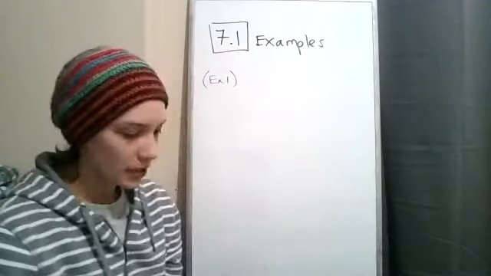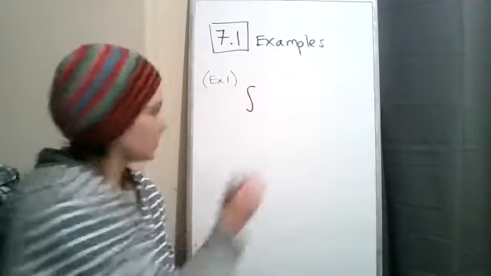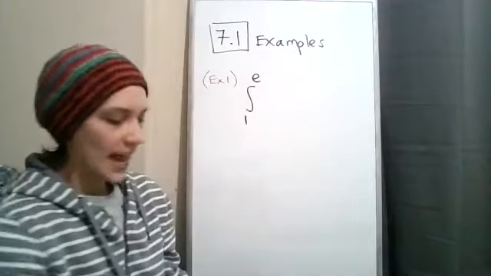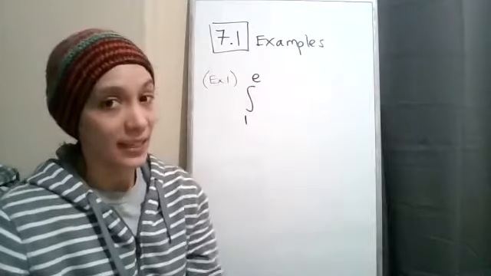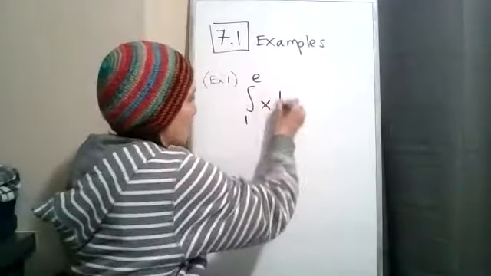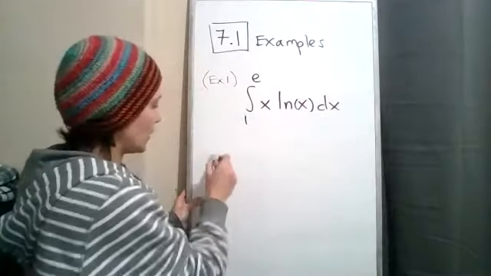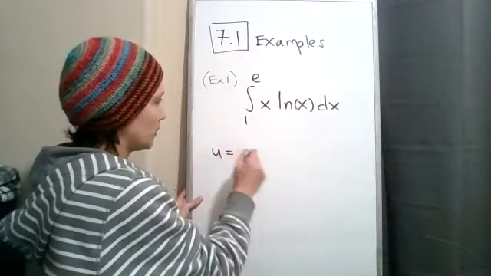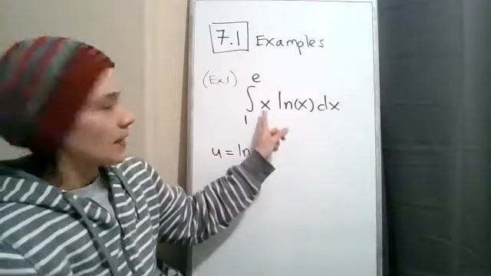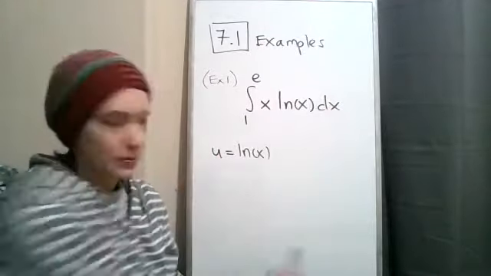So we're going to integrate from 1 to e of x ln of x dx. Okay, I want to let u equal ln of x, and then dv will be x. Actually, I'm jumping into it.